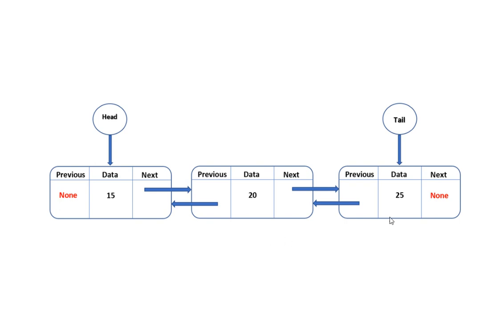Let's say that the tail is the pointer, and I want to delete this. I don't need to come to the head and start to traverse all the way here. No, I can just say tail.previous.next equals tail.next, which is none. And if I put none in here, this is deleted.